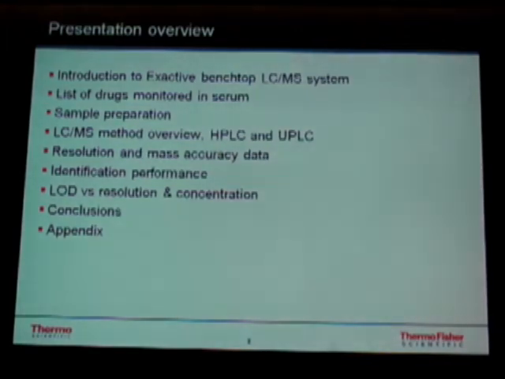What I want to do in this presentation is basically do a little bit of introduction of this new mass spectrometer that we launched late last year, which is Exactive. This is based on Orbitrap technology that Julian just talked about.